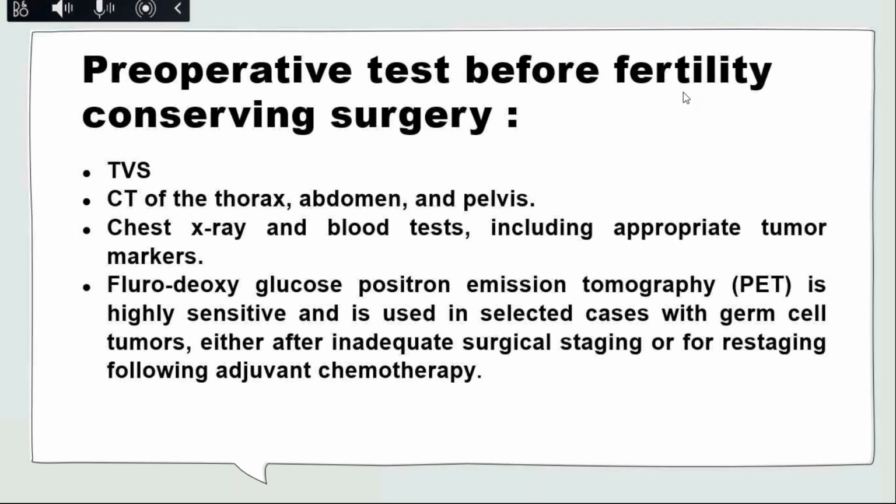PET scan is done in selected cases, like if we guess that there is a germ cell tumor and we think that there is inadequate surgical staging, or we want to restage after giving the patient chemotherapy, we can do the PET scan. So PET scan will not be done in the preoperative period, but after operation, we can go for PET scan.